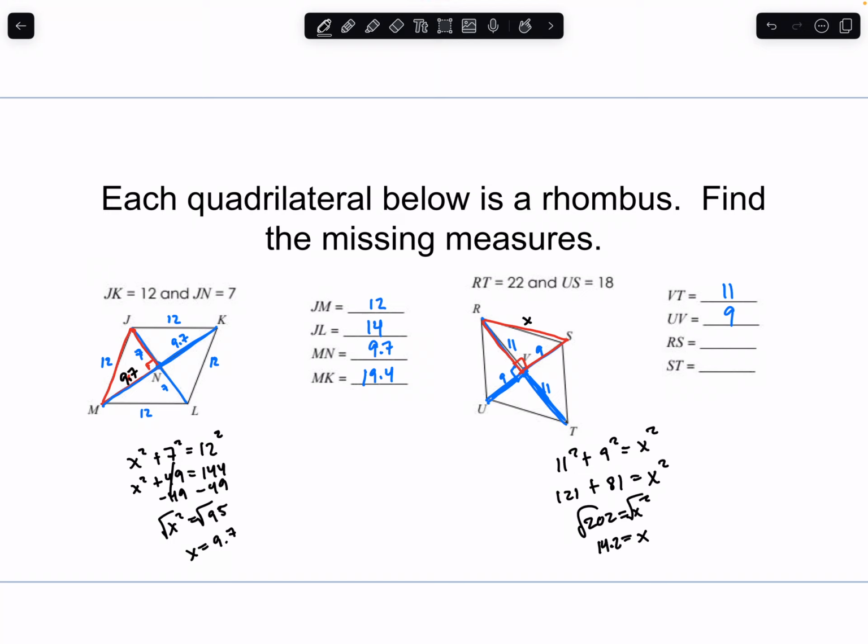So the outside length will be 14.2. Put this in blue. And if I wanted to find ST, this length should also be 14.2 because the length of the rhombus on the outside, they're all 14.2s. They're all equal in length. So I'm using the fact that the diagonals intersect at 90 degrees in order for me to be able to find any missing components there of a right triangle.